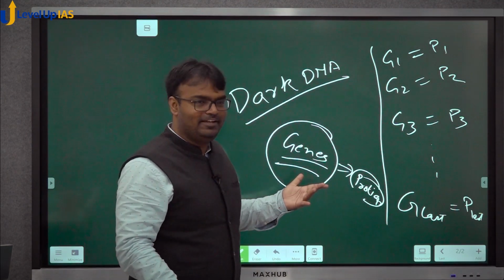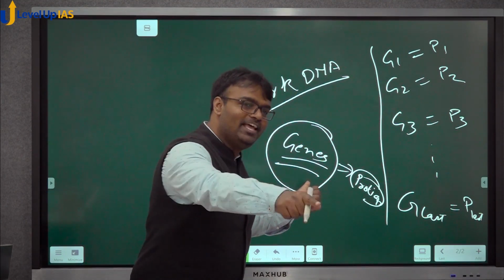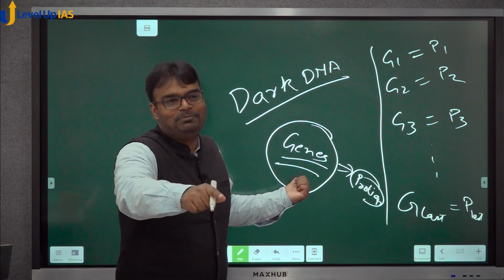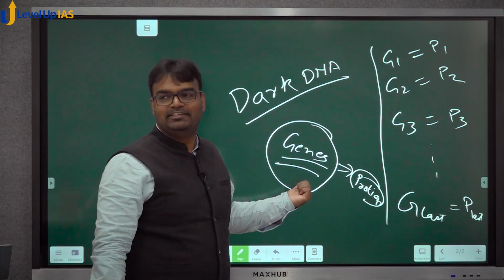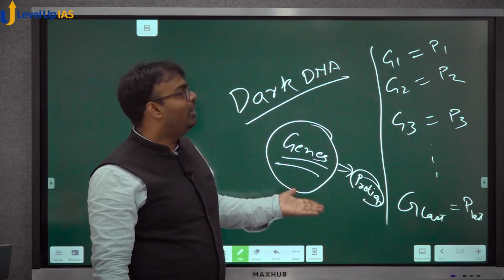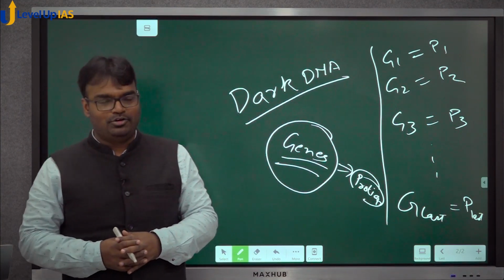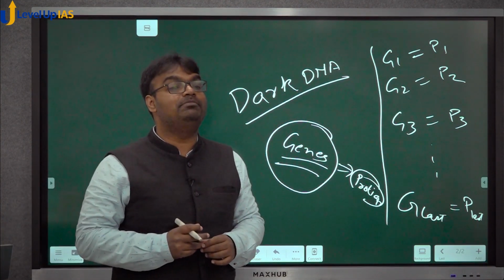In the same way, these proteins are being formed, so these genes must be there. But our current technology has not been able to identify or map these genes. These genes together are called dark DNA. Got it? Did you understand what dark DNA is? So even human beings may have some dark DNAs.